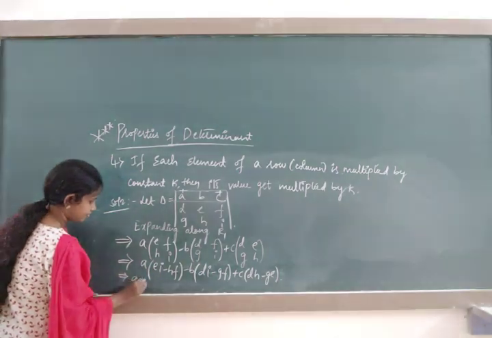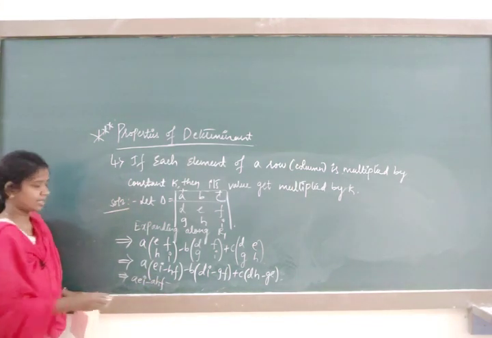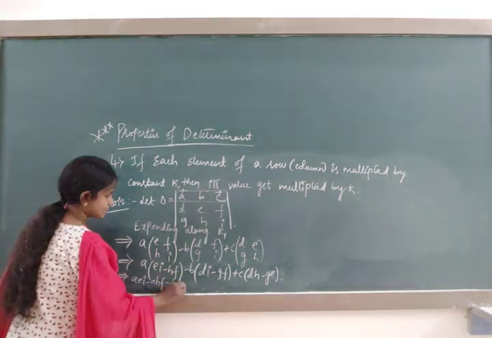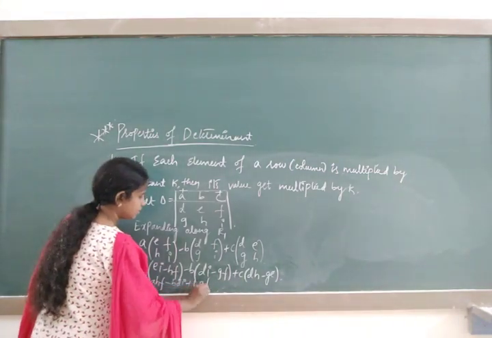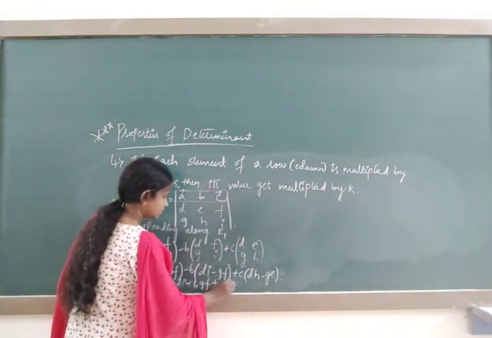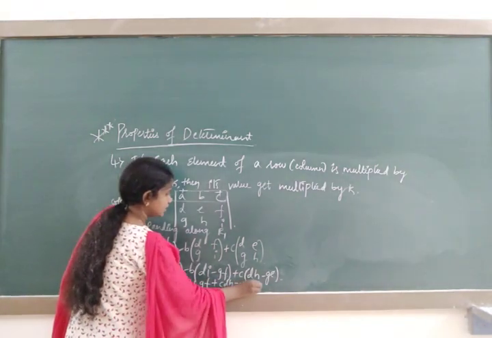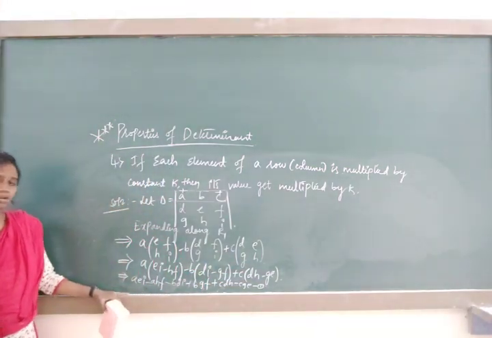AEI minus AHF minus BDI, minus into minus plus BGF, plus CDH minus CGE. This is our equation 1 we can call.